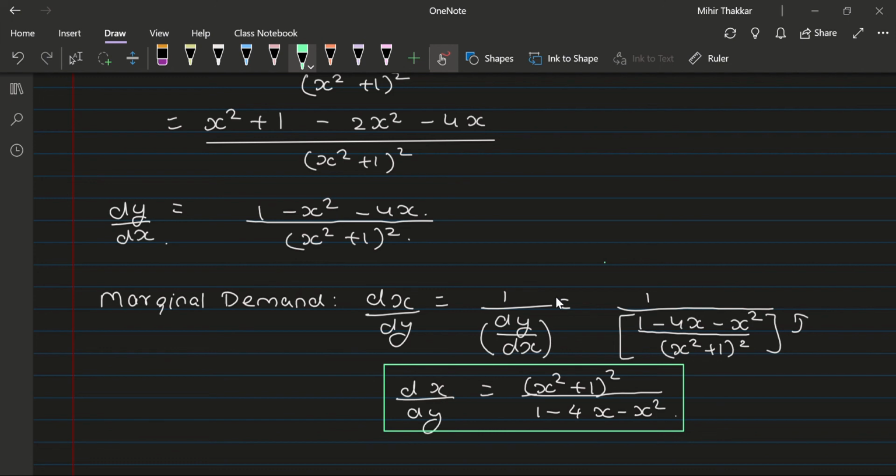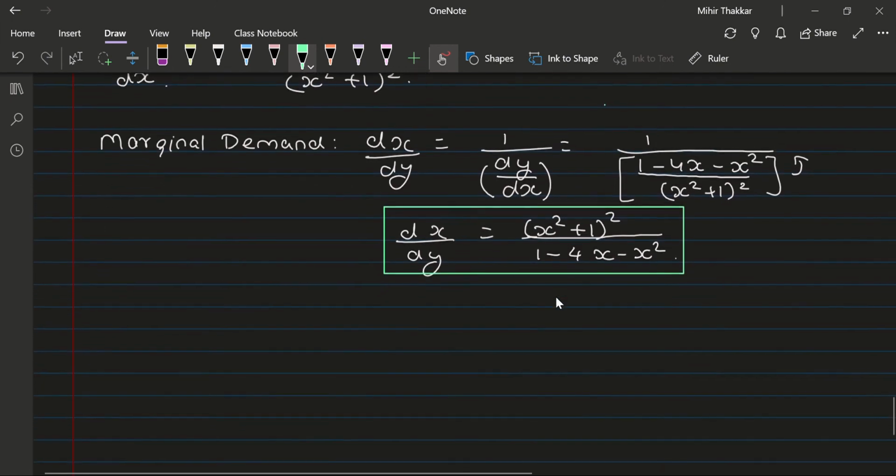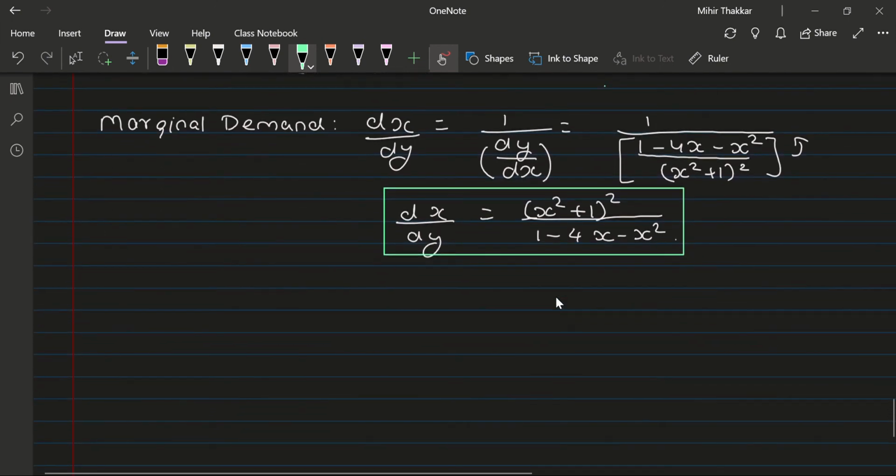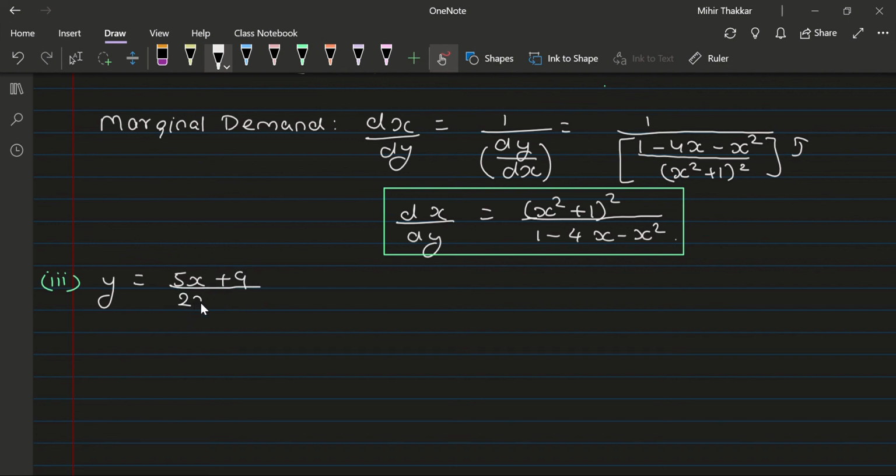And yes, the last sum of this exercise, sum number 3, which is y is equal to 5x plus 9 upon 2x minus 10.